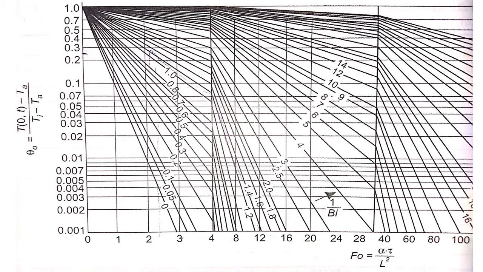Let me tell you how we have calculated the Fourier number. 1 divided by Biot number, we have already calculated, the value is 1.229, which is nearly 1.23. These graphs indicate 1 divided by Biot number.